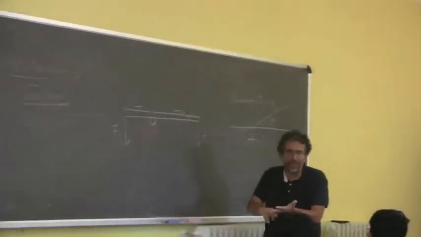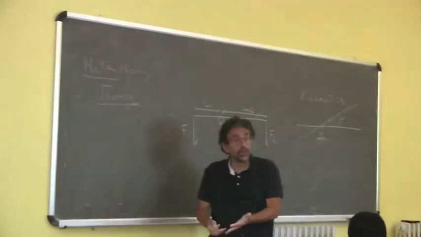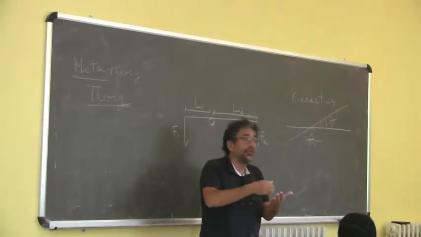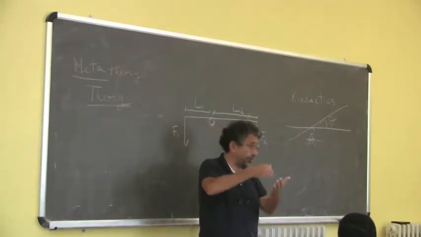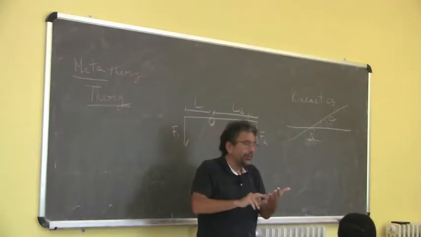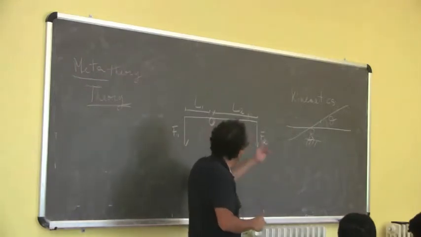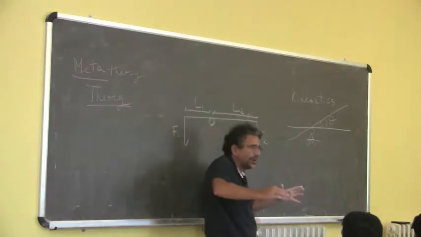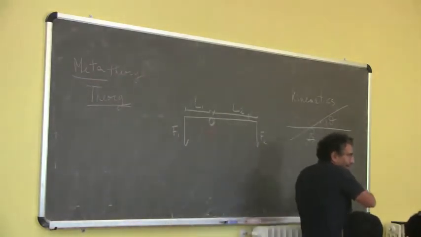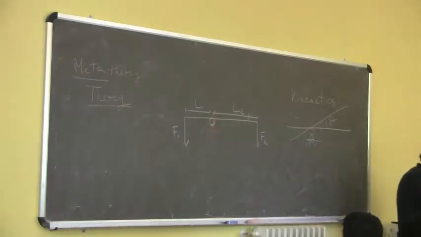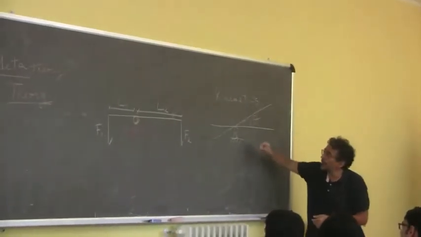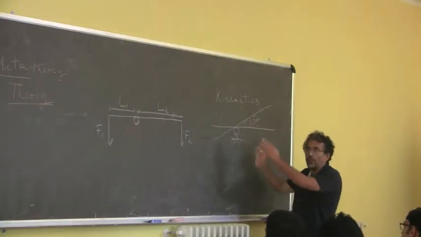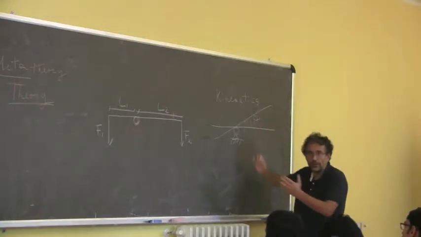Now, we have a list of assumptions. Do you remember we said that every theory is based on a series of conjectures. We assume that this is a rigid bar. It is not deformed because of the externally applied loads. We assume that there is no constraint which is blocking this rotation.